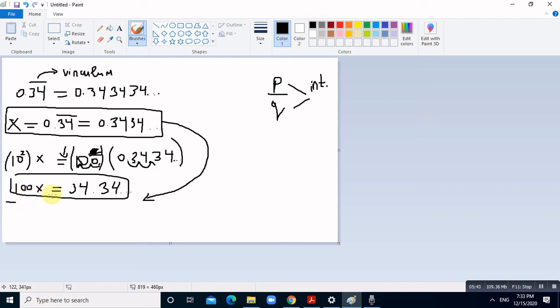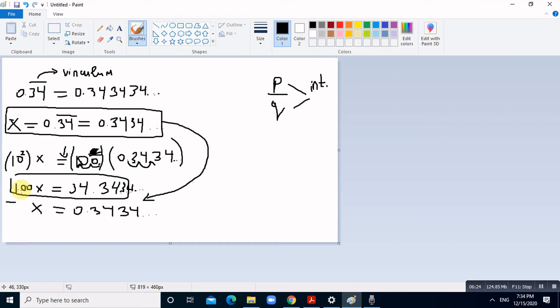So 100x, and make sure that you keep what's on the left-hand side underneath what's on the left-hand side of the equation up here. So then we have 100x minus x, which is equal to 34.34 repeated. And on the bottom here, minus x, which is equal to 0.3434 repeated. And actually over here, you can add another 34, just so that they cancel out, right?